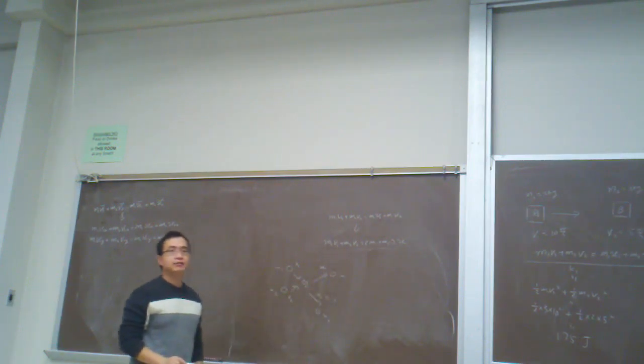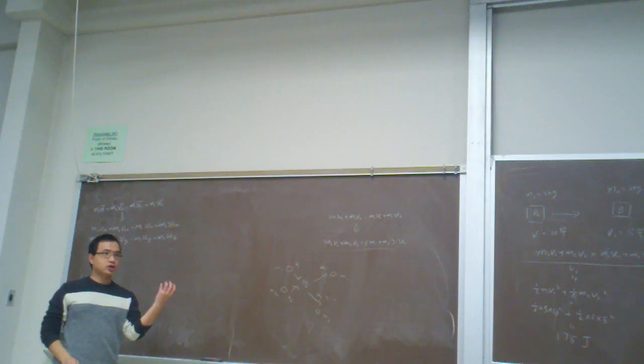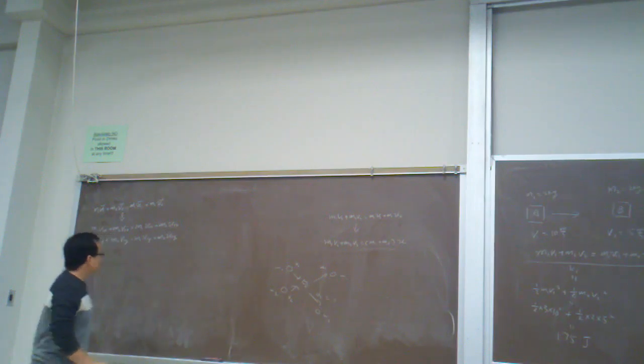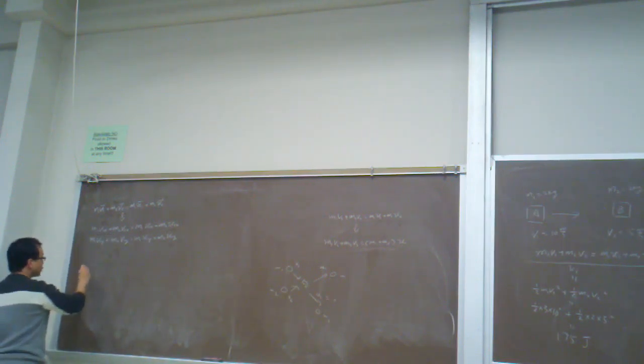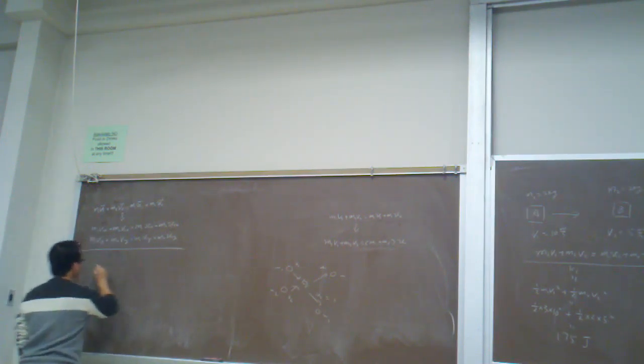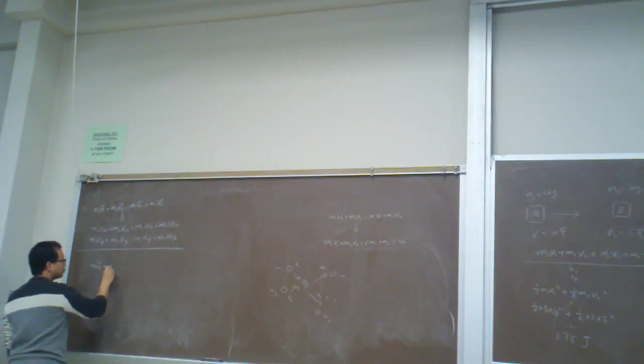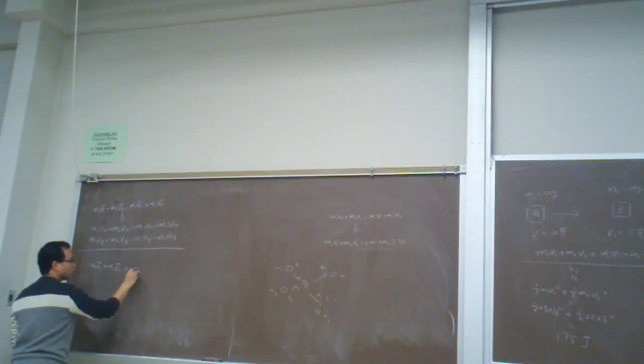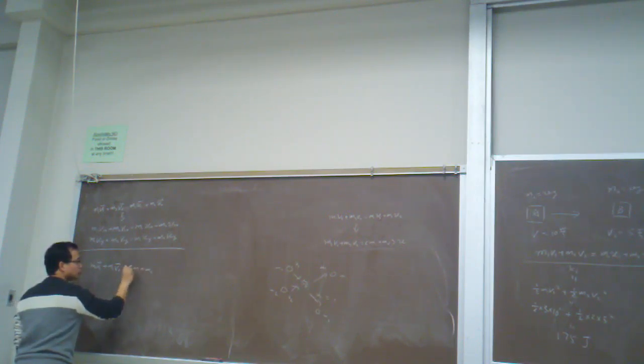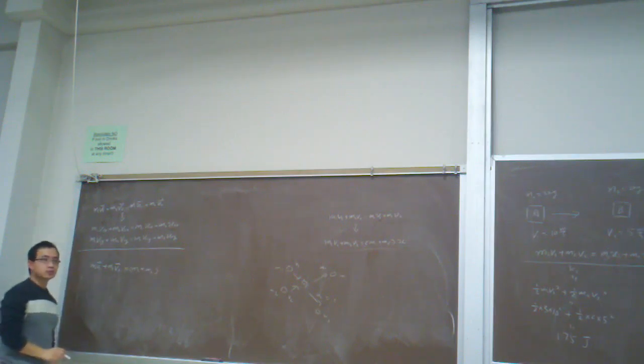After collision, you have one object with total mass m1 plus m2 with the same velocity u. So the vector version of that equation will be m1 v1 vector plus m2 v2 vector equals (m1 plus m2) u.